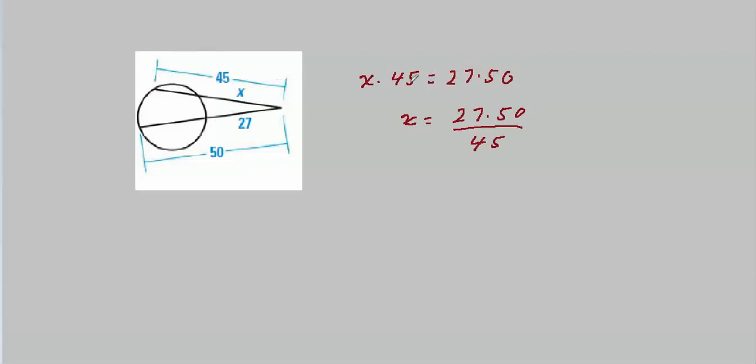Now we just divide through by 45, and according to my calculator, that equals 30. So this part here is 30. And that answer seems sensible. This segment appears to be just a little bit longer than this one, and 30 is just a little bit more. So I think we've got it right.